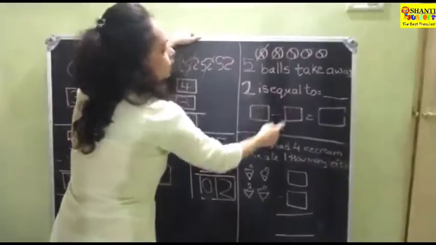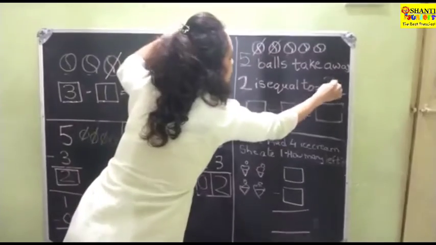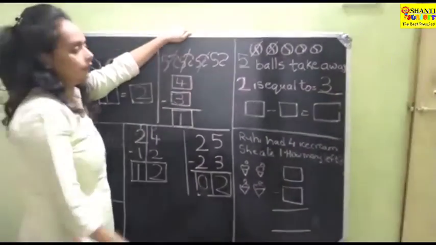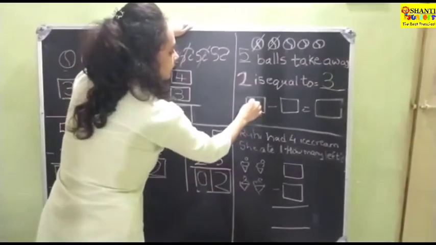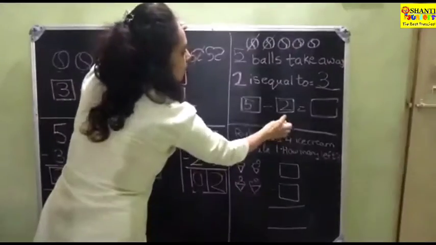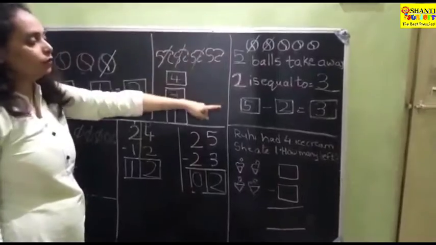Is equal to means how many are remaining? 1, 2, 3. 3 is remaining. So we have to write 5 minus, I have cut 2. How many remaining? 3. Like this you have to do your word problem.